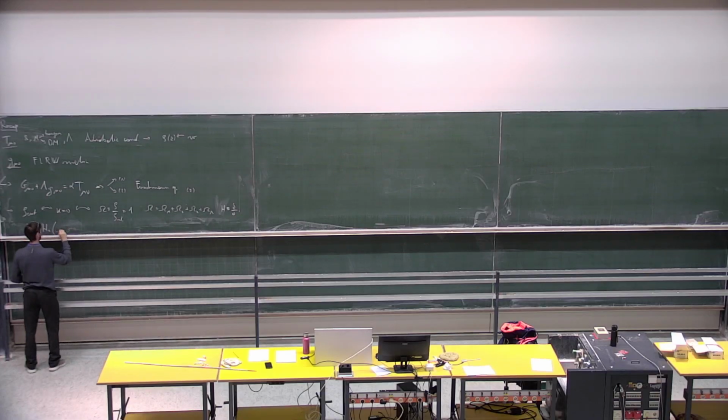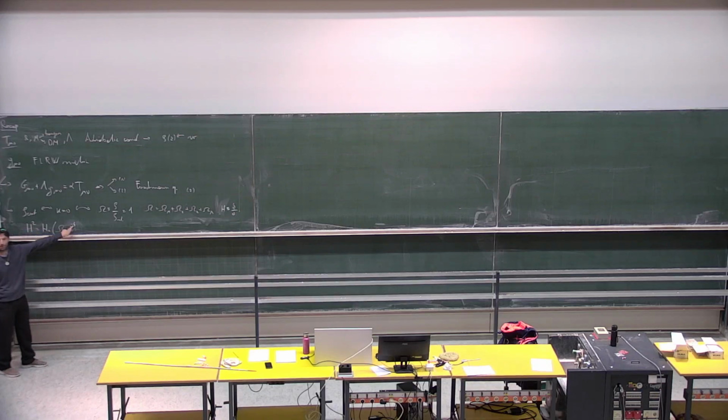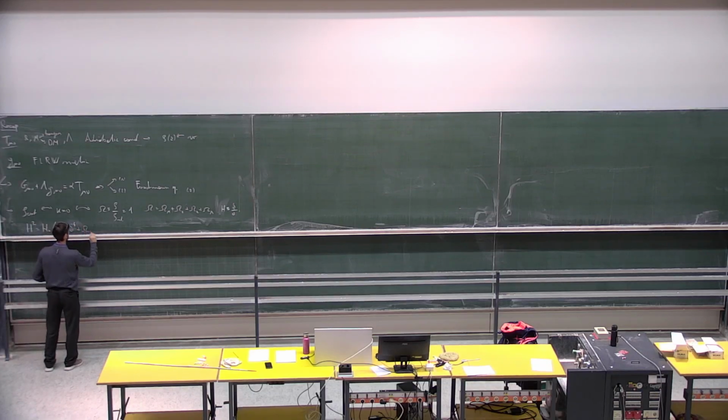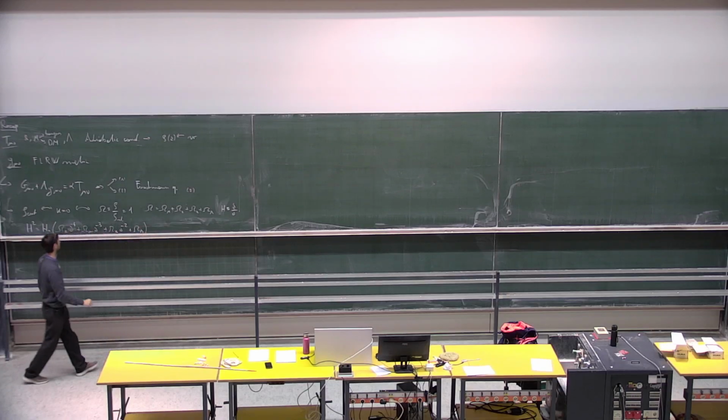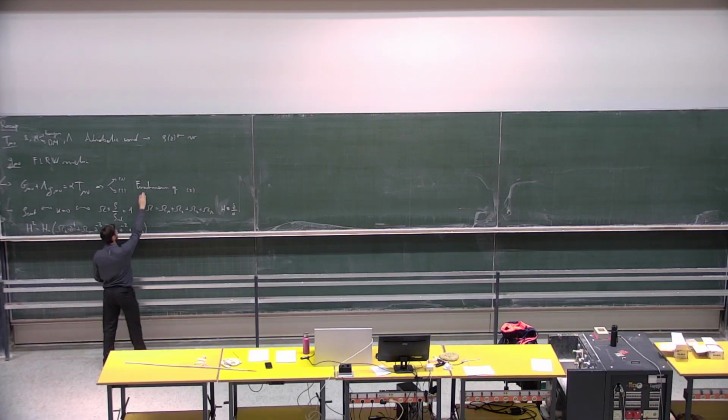So we are going to have omega radiation times the ratio at which the density is dropping, a to the power of minus 4, plus omega matter, that goes as a to the power of minus 3, plus omega curvature, that goes as a to the power of minus 2, plus omega lambda, which is a constant, and therefore there is no a dependency. That's our Hubble function, which is just one of the two Friedmann equations.